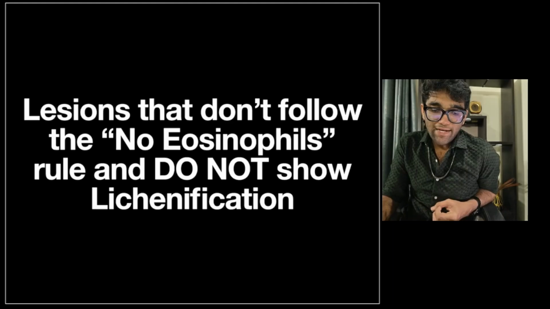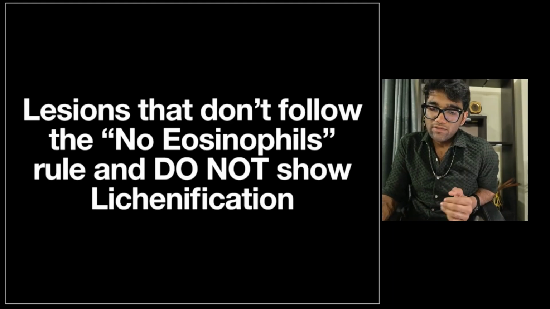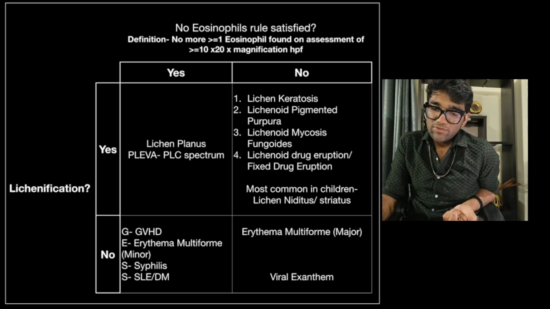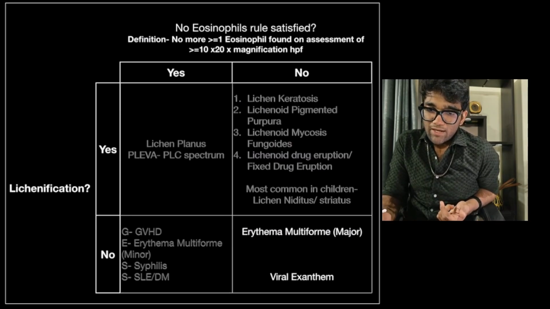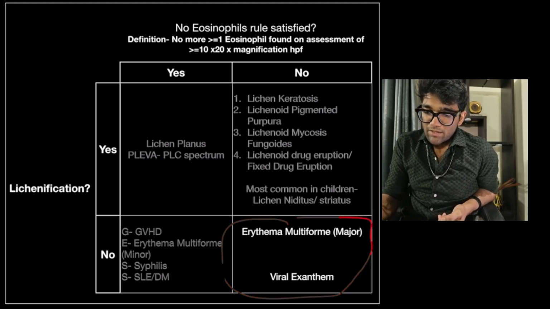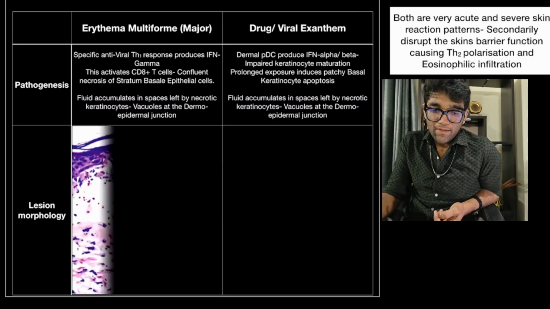Now, the third category is lesions that don't follow the no-eosinophils rule and do not show any lichenification. That is erythema multiforme major and viral exanthems. So what do they look like?